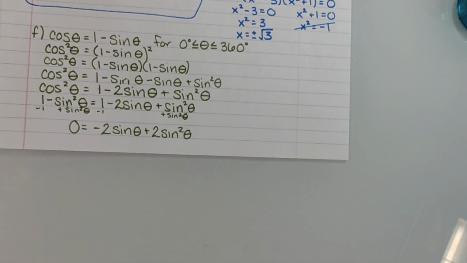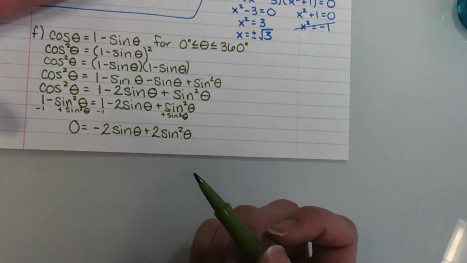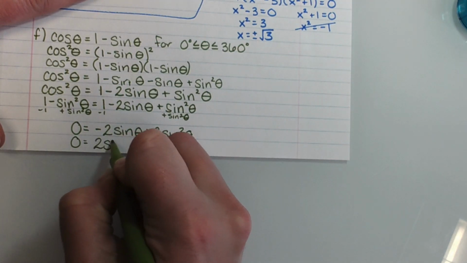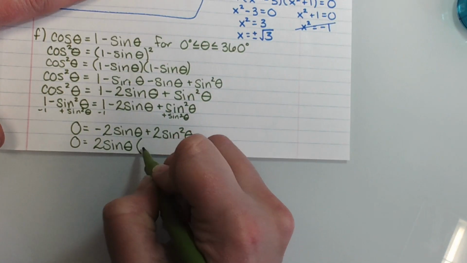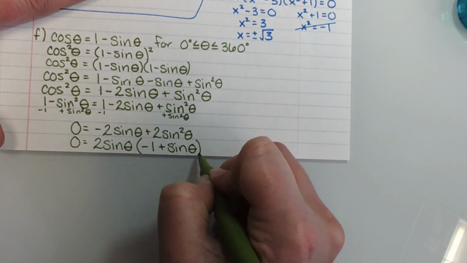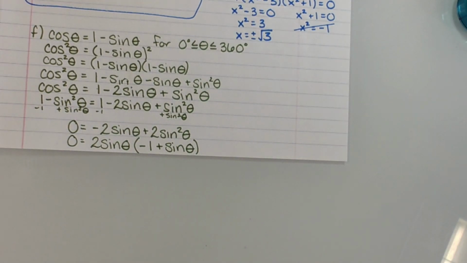How do I solve something like this? Factor. Greatest common factor: 2 sine. Get -1 plus sine of theta. It's equal to 0. It has to be equal to 0 for factoring to do us any good.